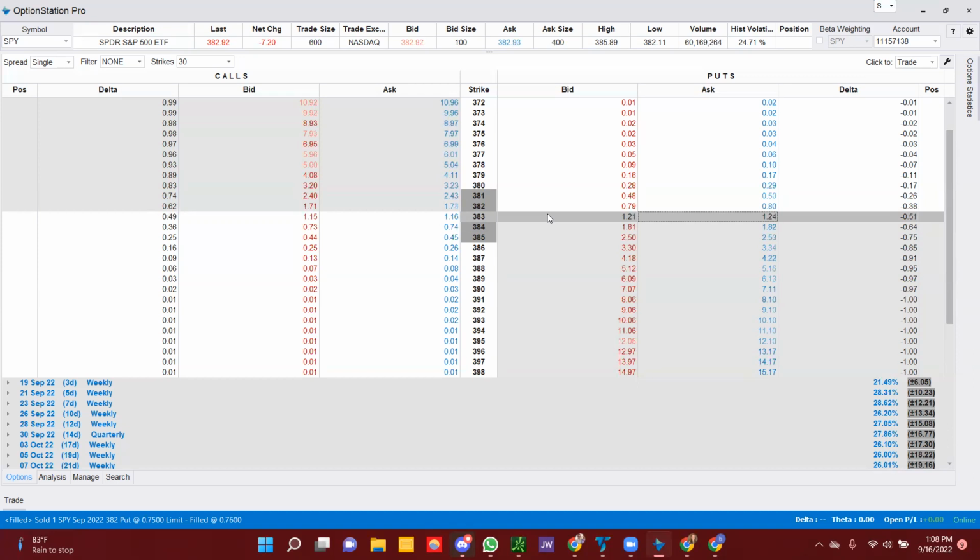Now, maybe a runner, but if you're holding a runner all day, you should be making some really good money on it. If you're holding on to a runner for that long and it's just chopping, yeah, get out of there. But your runner should have some nice profit built up in it, which should protect it.